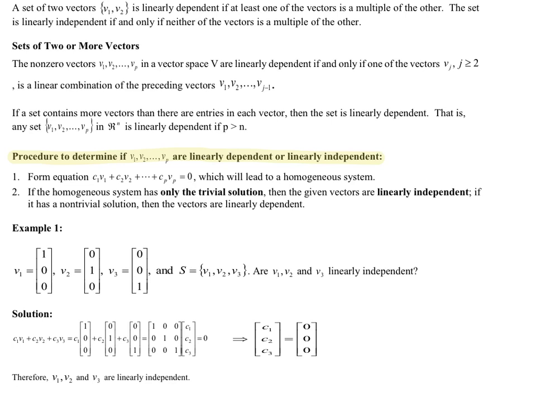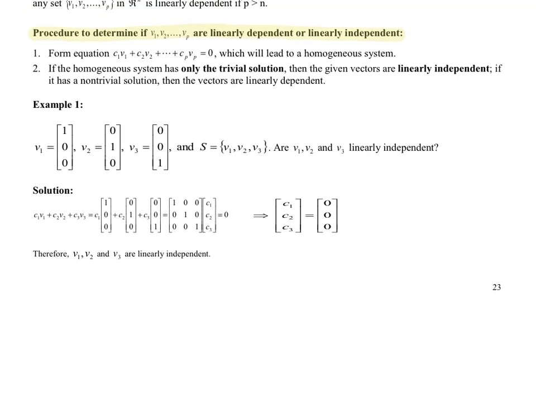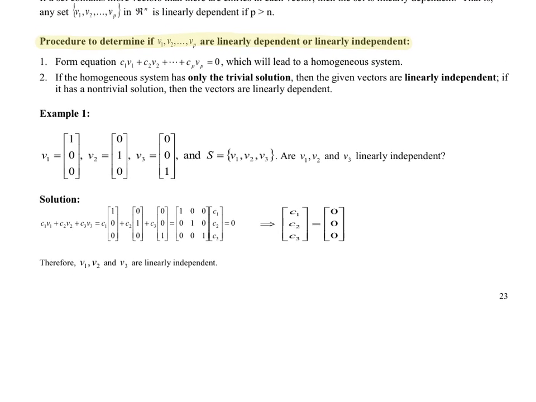It's just a question of dependent on what? Dependent on x4, dependent on x5. We've actually been working with this a great deal already. So there's really nothing new here, which is why we can talk about it right now. All right, so I did a solved example here. The question is, are v1, v2, and v3 linearly independent?